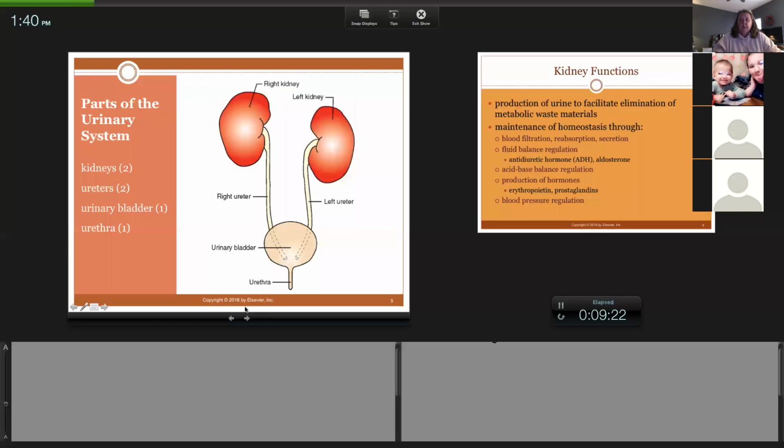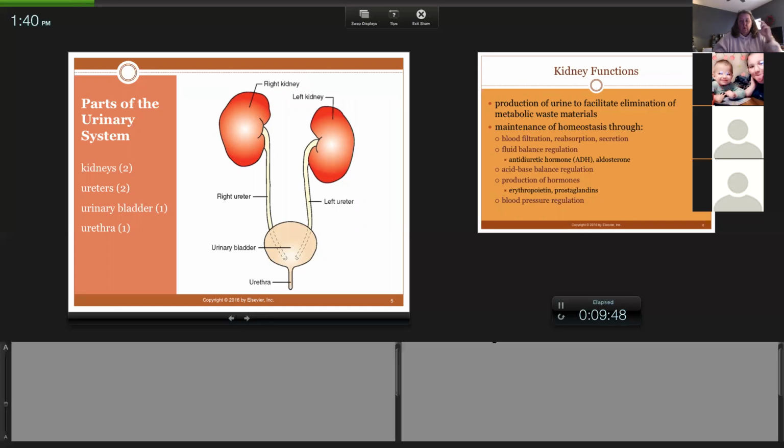Organ-wise, it's pretty self-explanatory. You have two kidneys. The right kidney is slightly more cranial, so it's a little bit more forward than the left kidney. You have two ureters. Now, the ureter is the tube that takes the urine from the kidney to the bladder. So the ureter's only job is to get urine from the kidney to the bladder.